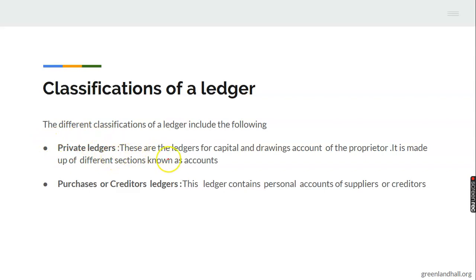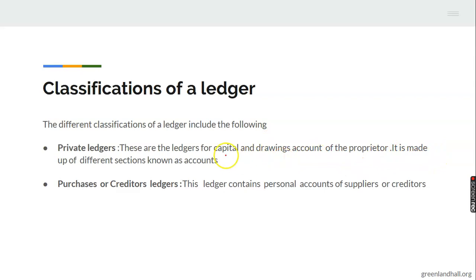They are private ledgers in the sense that they record some things like the capital of the proprietor and the drawings made by the proprietor.